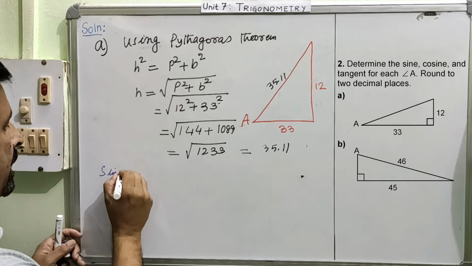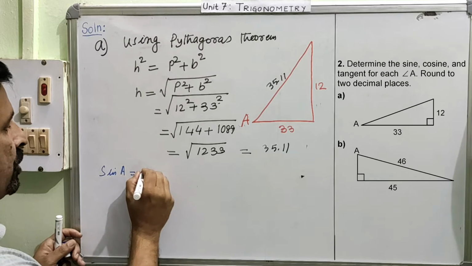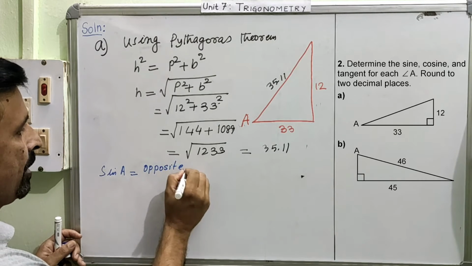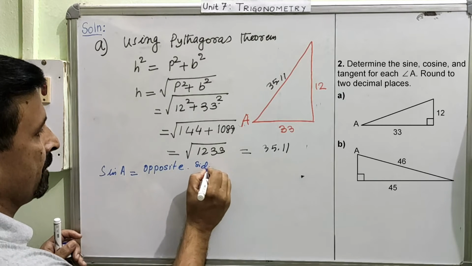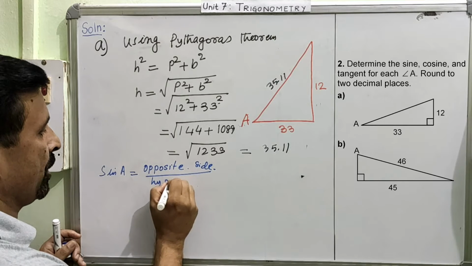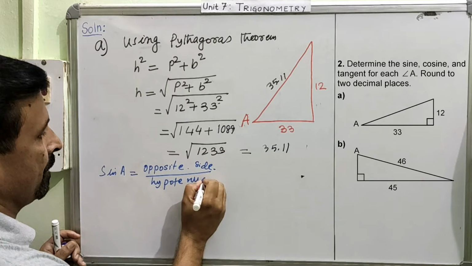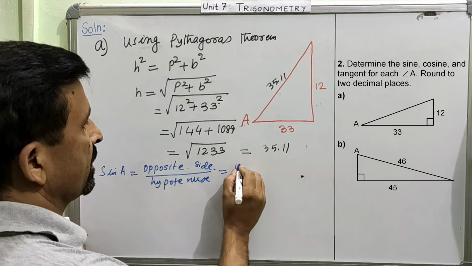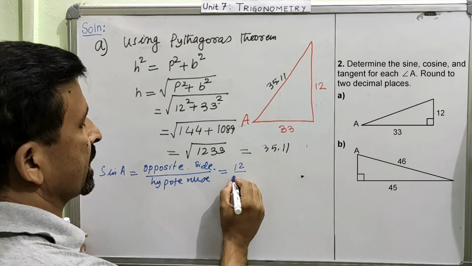Sine A is opposite side divided by hypotenuse. Every time I am writing the formula, that will help you to remember. So sine A is equal to, the opposite side is 12 and the hypotenuse is how much? 35.11.